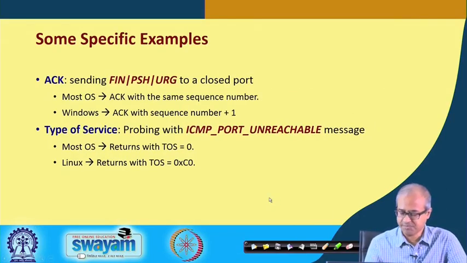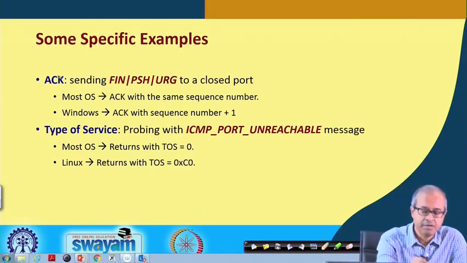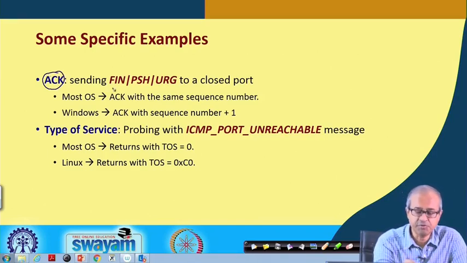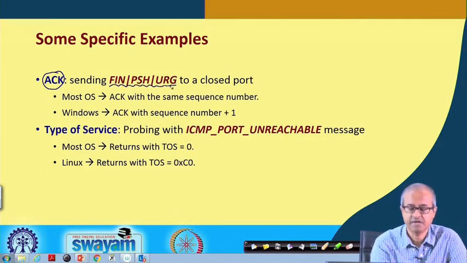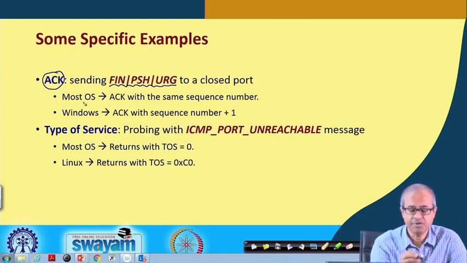Some specific examples I am showing here. With respect to TCP, think of ACK. Suppose we are sending FIN, PSH, urgent data, push, finish, all these flags set to a closed port. What will happen is that most of the operating systems will send back an acknowledgement packet with the same sequence number.